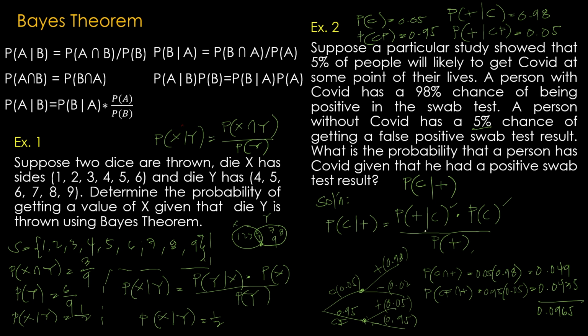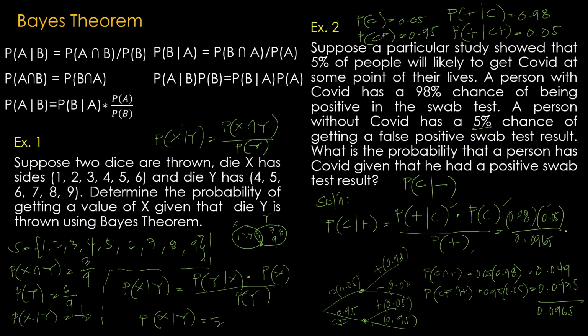Okay, we now have these values. Kompleto na. The probability of getting a positive test result given that you have COVID, probability of getting COVID, and the probability of being positive. So, substituting the values, that would be 0.98 multiplied by the probability of C, 0.05, all over the probability of getting a positive, 0.0965.